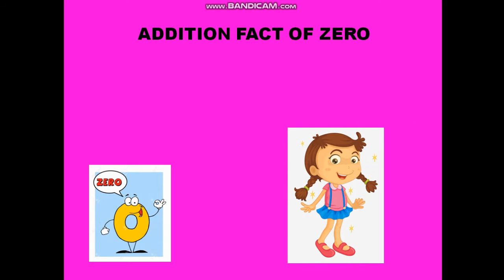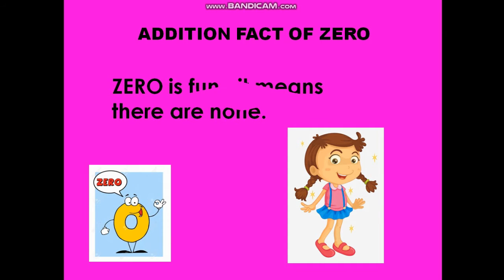Before we do the addition of number 0, we should know the addition facts, that when we add 0 to a number, what happens? Yes, 0 is fun. It means there are none. That means nothing is there.